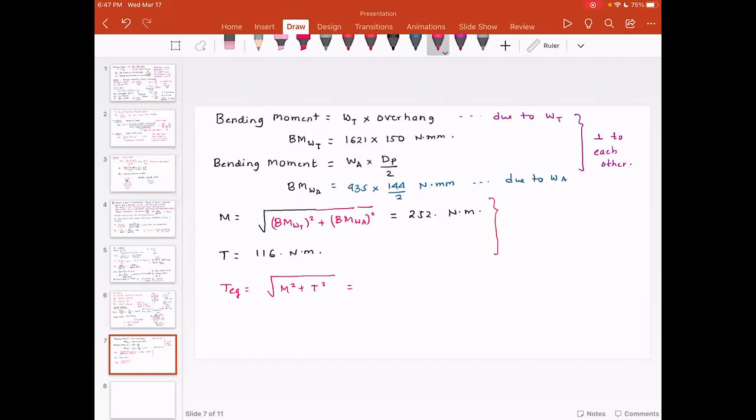And once I do this, I have 252 square plus 116 square, and that yields 277 Newton meter.